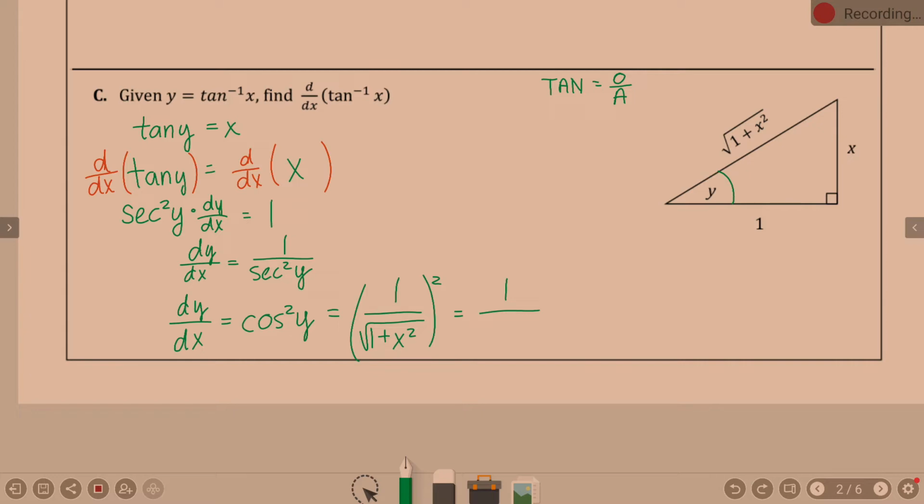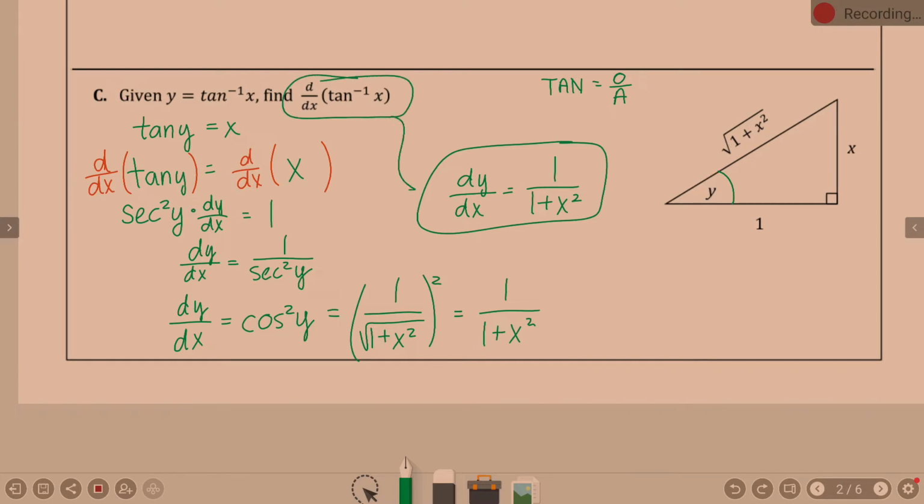When you square the square root, we get 1 plus x squared. So we end up with dy dx is 1 over 1 plus x squared. And that is the derivative of what? Tangent inverse. Okay?